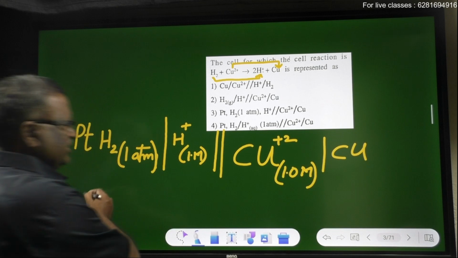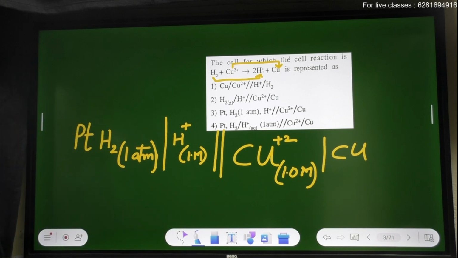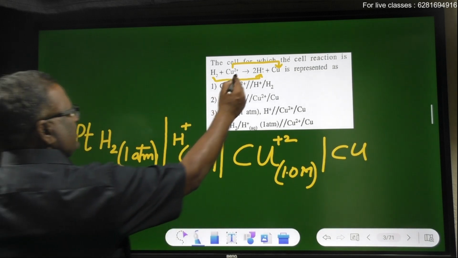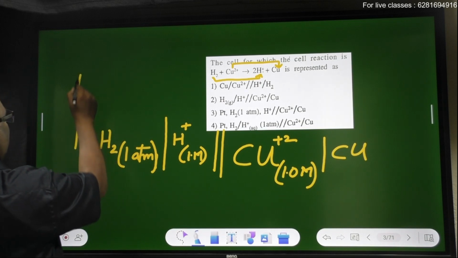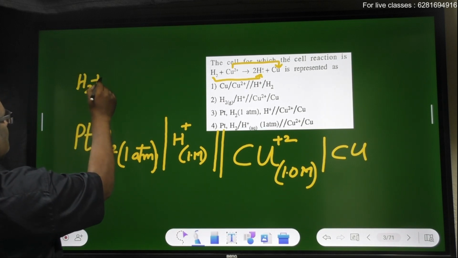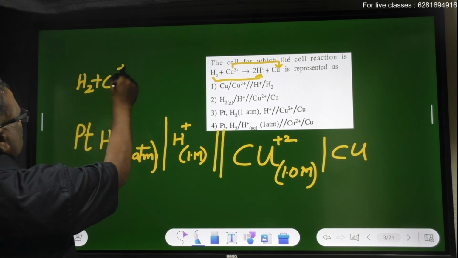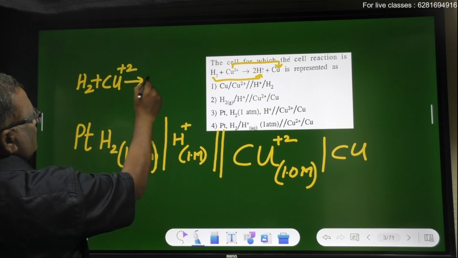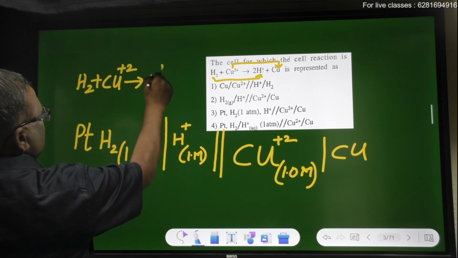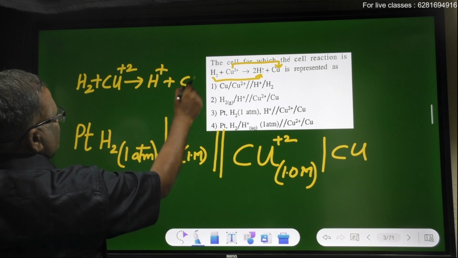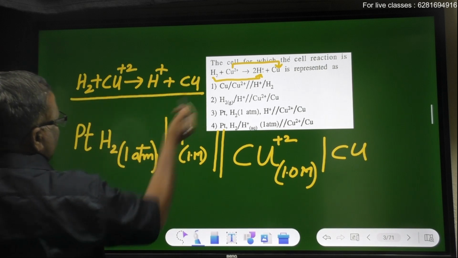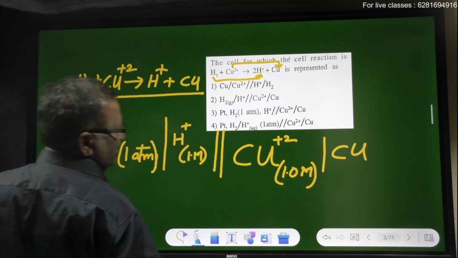This whole thing is the cell notation. For this reaction, H2 + Cu+2 gives H+ + Cu, this is the cell reaction, and for this cell reaction the cell notation is this.